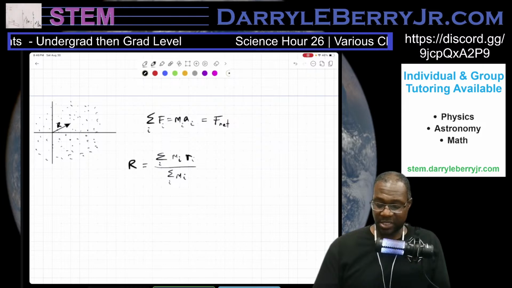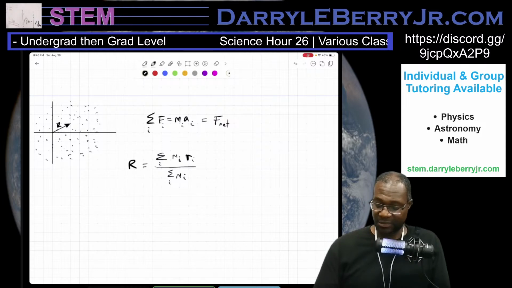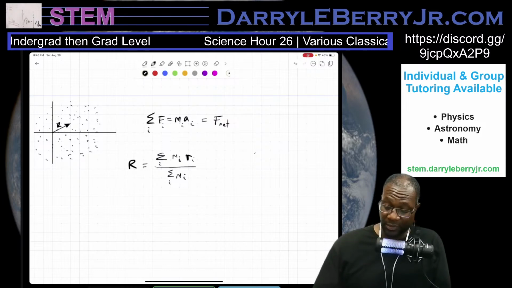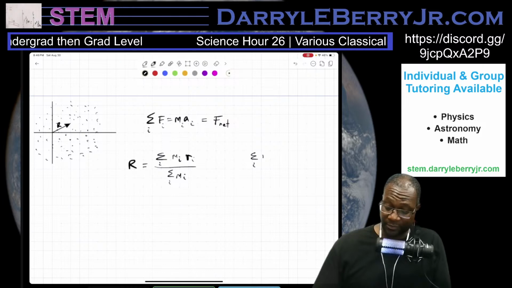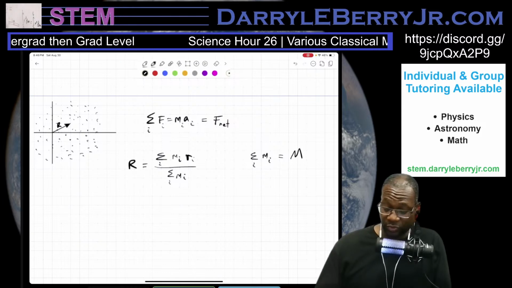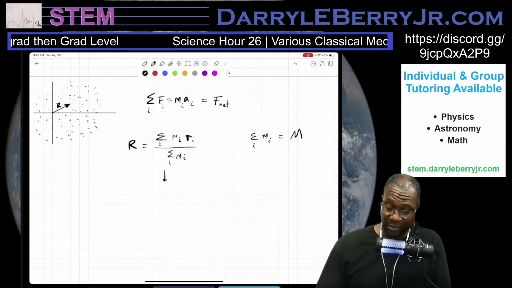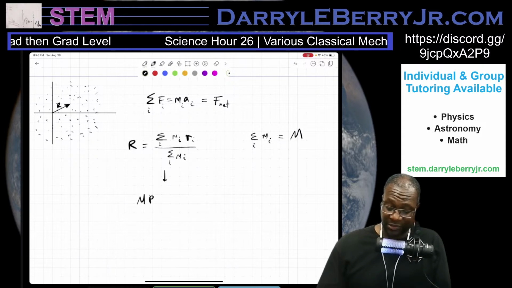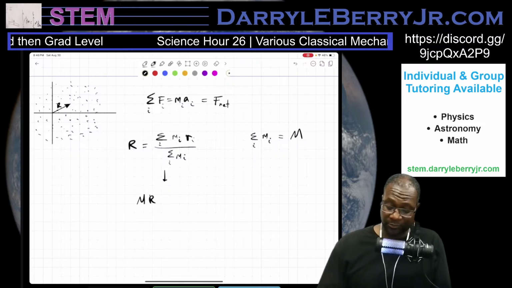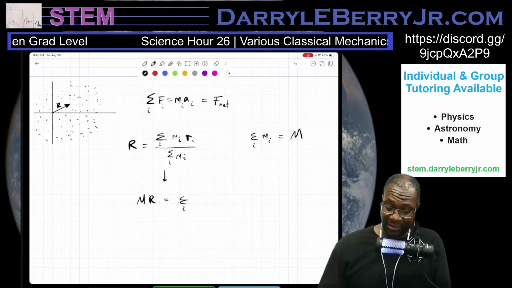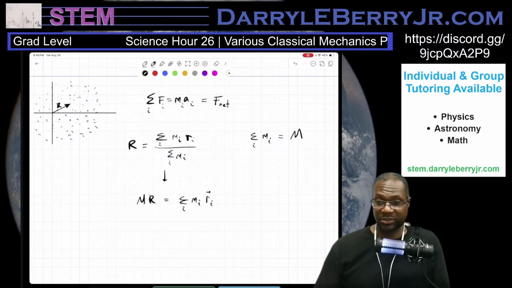This calculation allows us to calculate the center of mass of the entire system. Another interesting thing is if you sum up all the masses of the system, you just get the mass of the entire system. So if we plug that in here, we can see that the mass of the entire system times the center of mass position is the same thing as summing up each of the masses times each of the positions. That's an interesting aside.